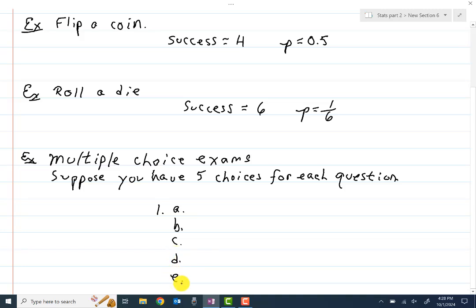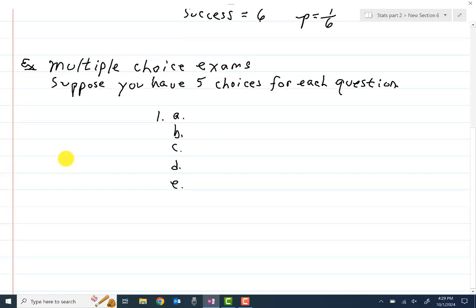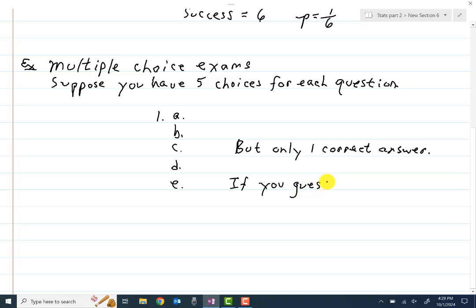And chances are, if you have a multiple choice test, all the questions will have 5 choices to choose from, but only one correct answer. So what's the probability of success here if you guess? The lowercase p in this case will be 1 out of 5, one correct choice out of 5 of them.